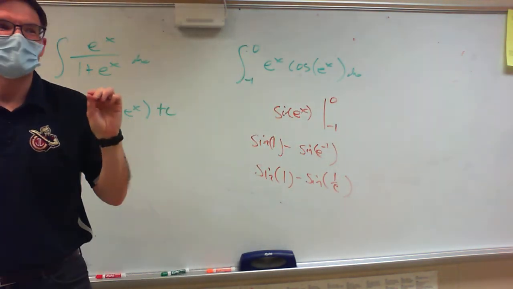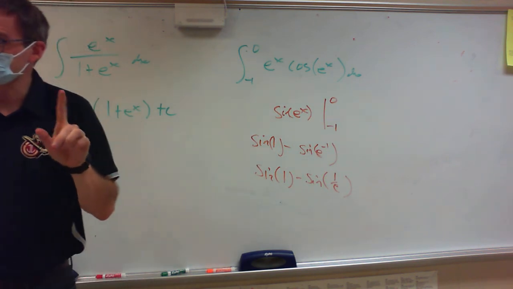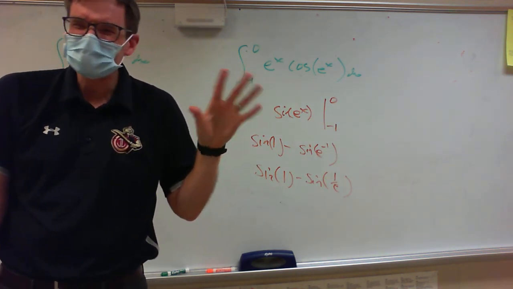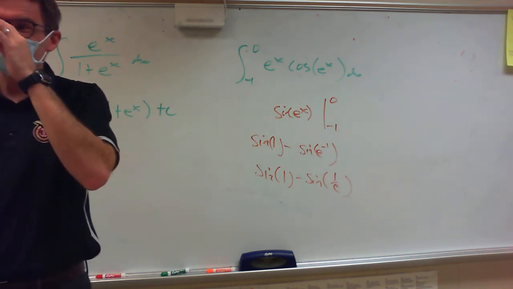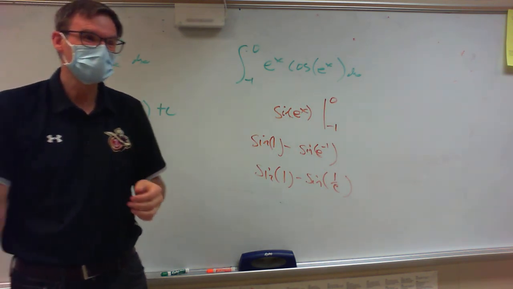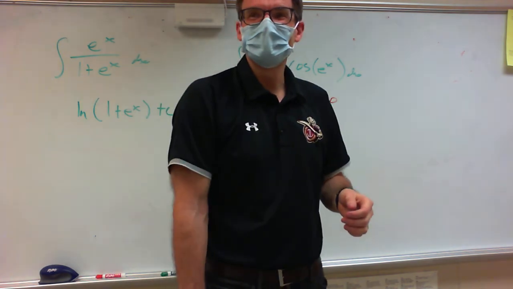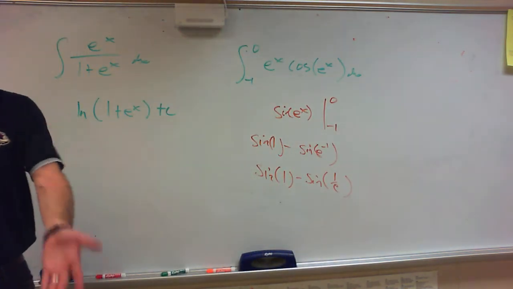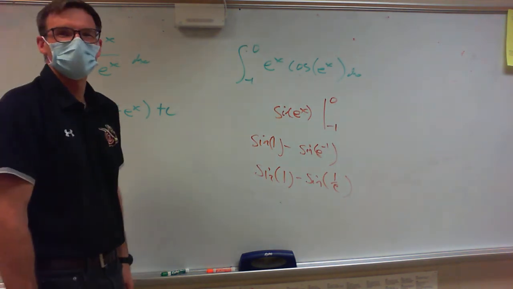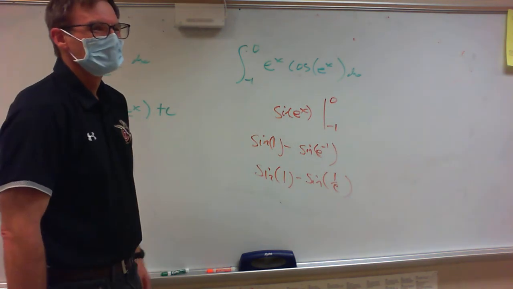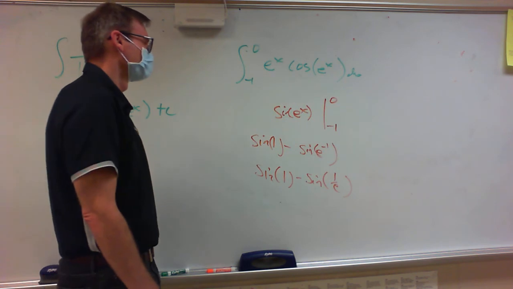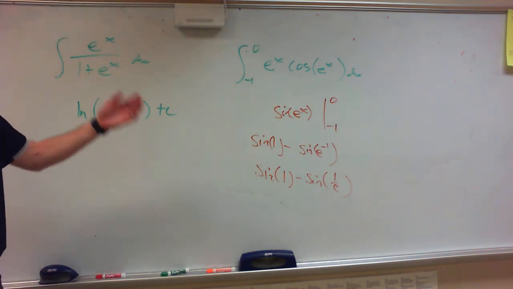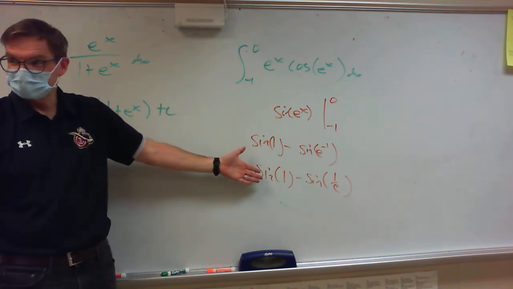Make sure your calculator's in radians. 0.7, maybe 0.78. How close was I? He wants to say 0.84. Oh, dang. I recorded that. I was so wrong. Okay, you're close. Close enough.